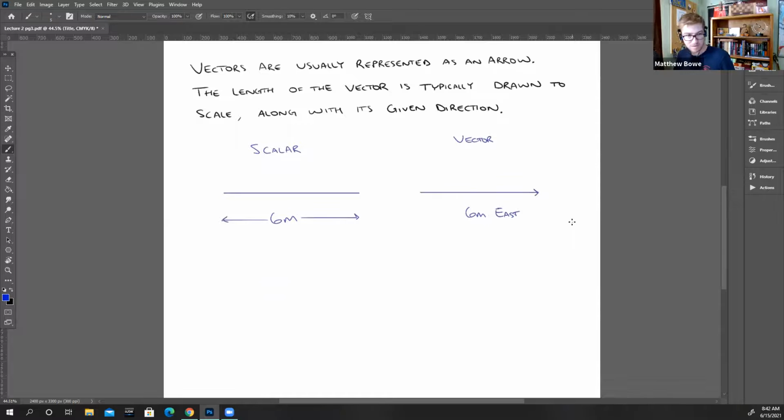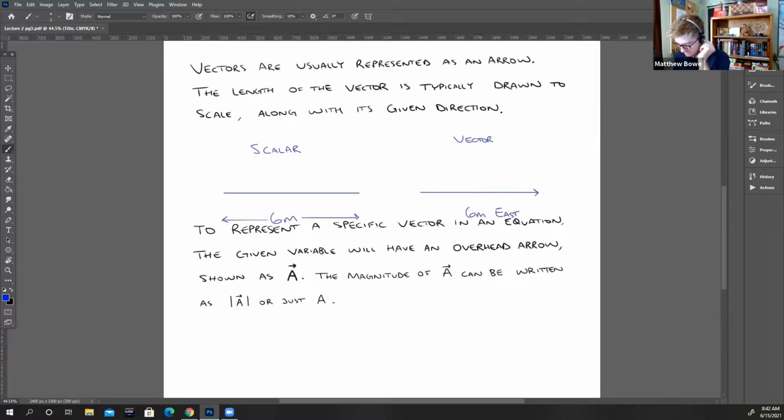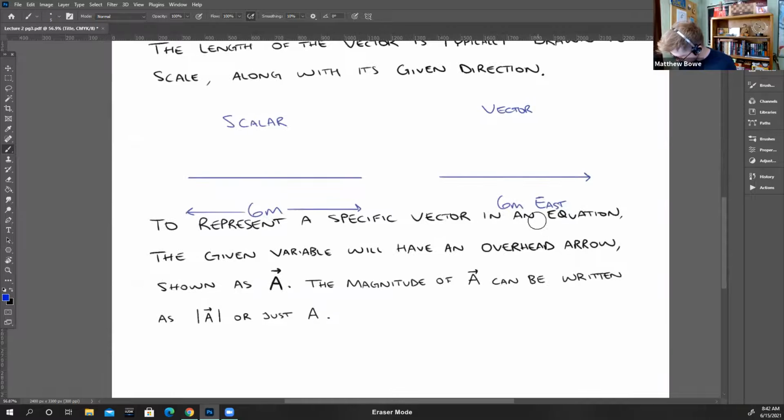Now, to represent a specific vector, it's commonly just written as a term.